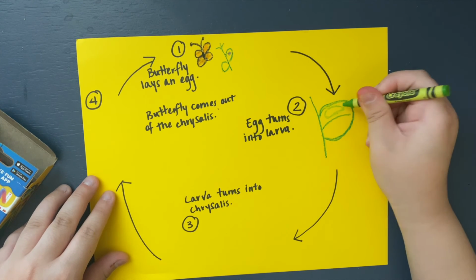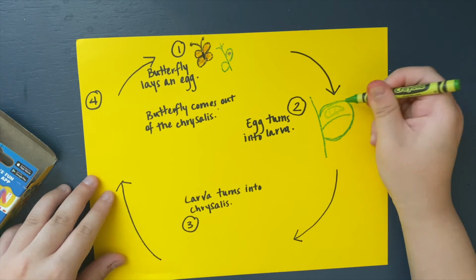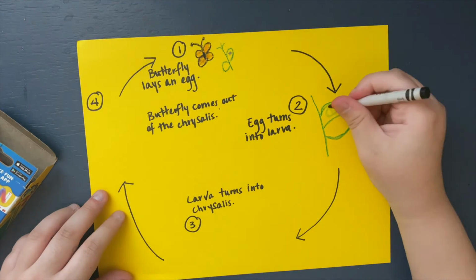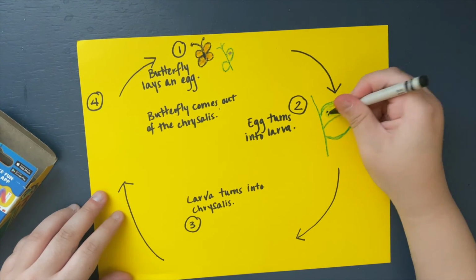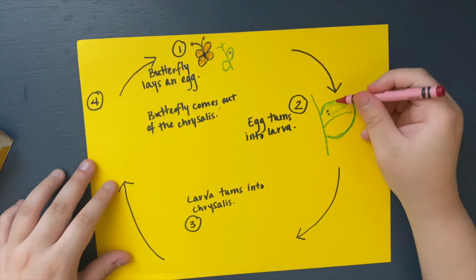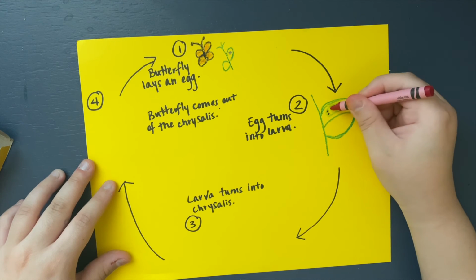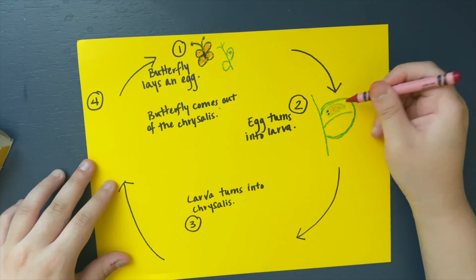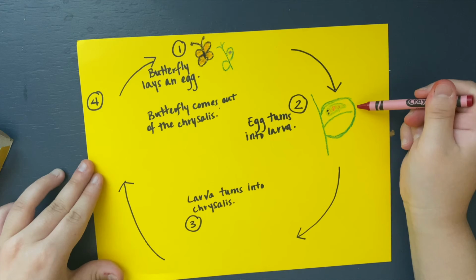It doesn't have to be perfect, but he's definitely there. Let's give him some eyes. And he can have fun colors. So there, the egg turns into a larva.